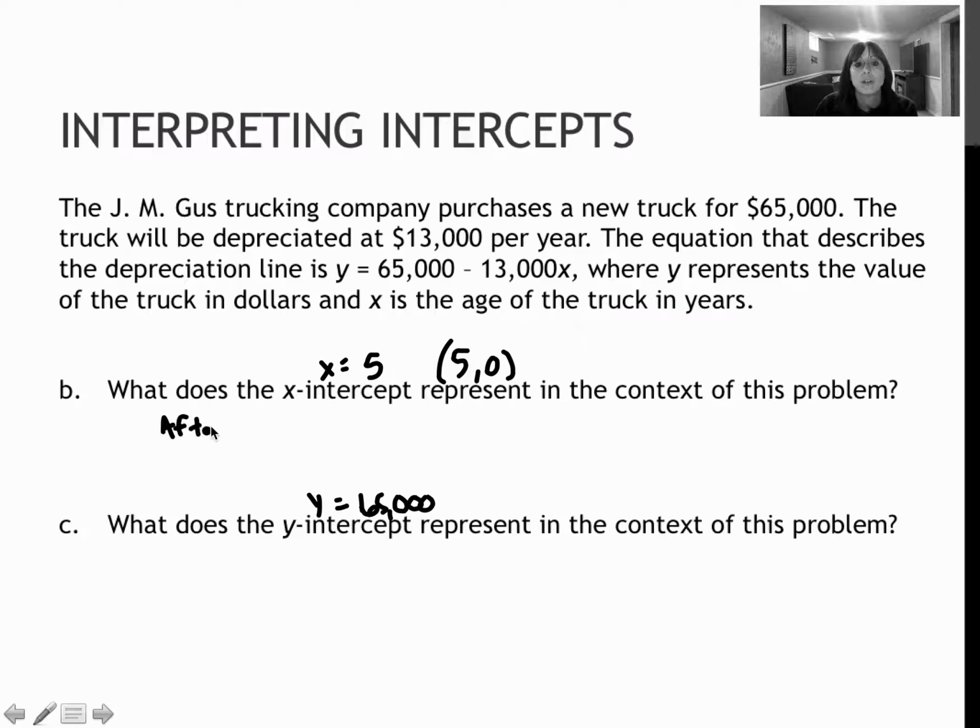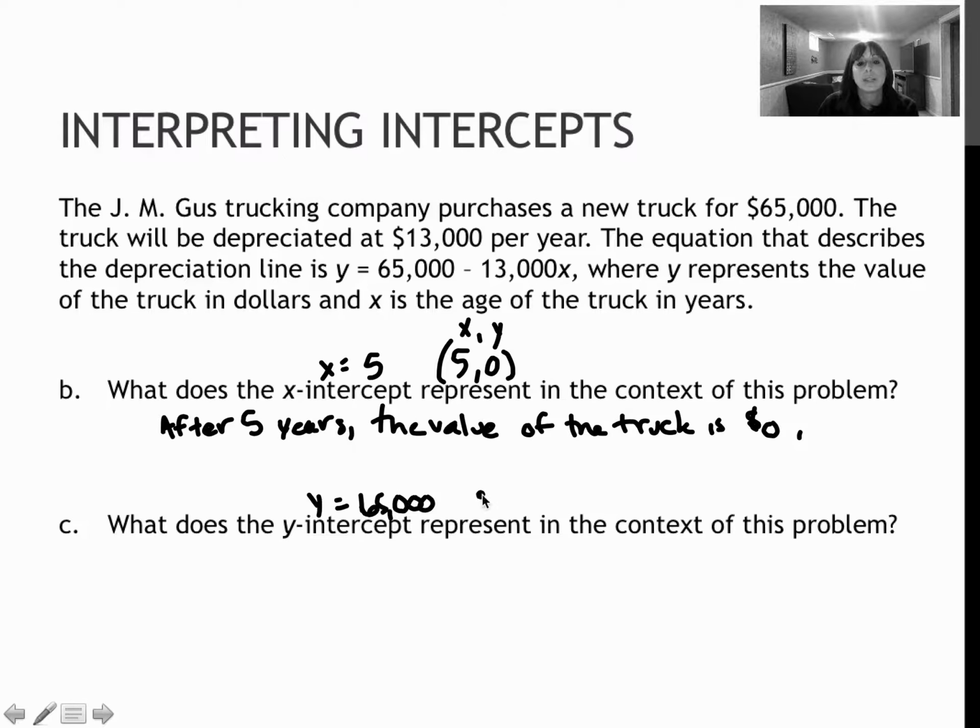After 5 years, the value of the truck is $0. Again, x represented the age of the truck and y represented the value of the truck.